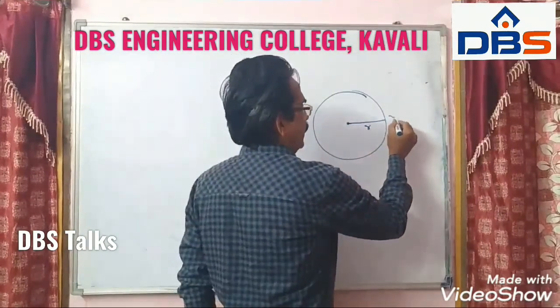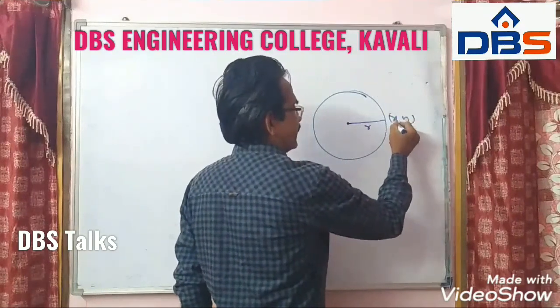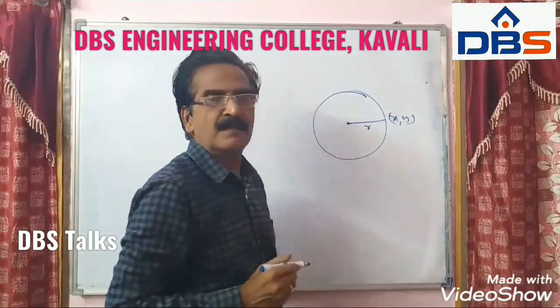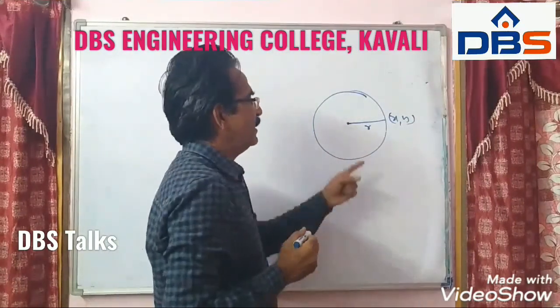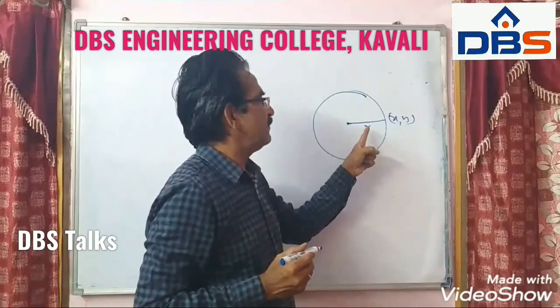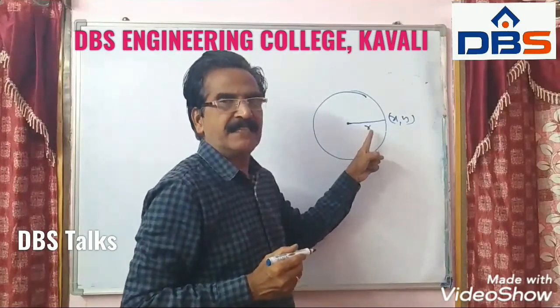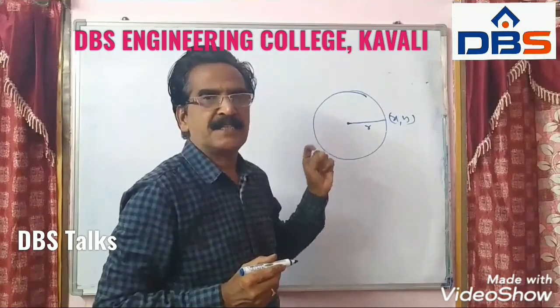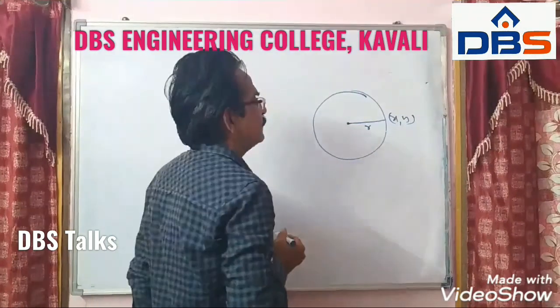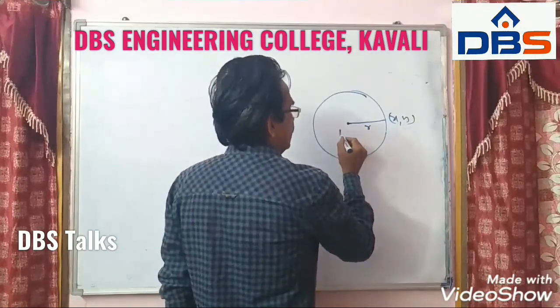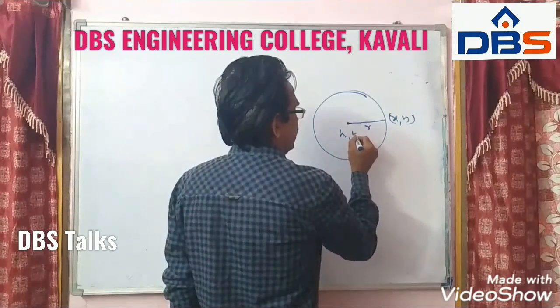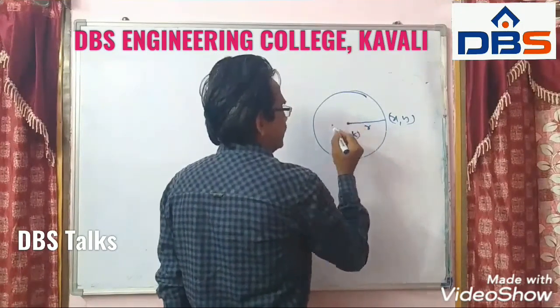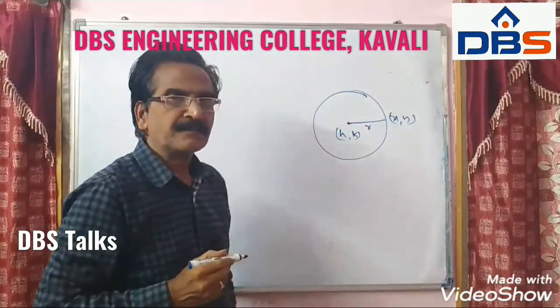Say any point on the line, say xy, and the fixed distance is called radius. Fixed distance is called radius, and let us take the point center hk.